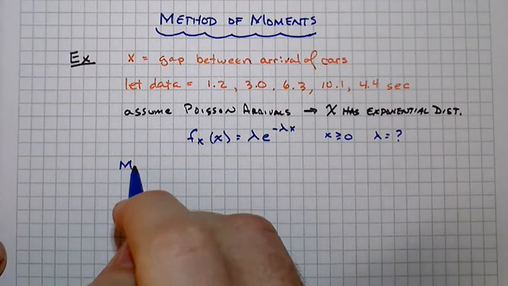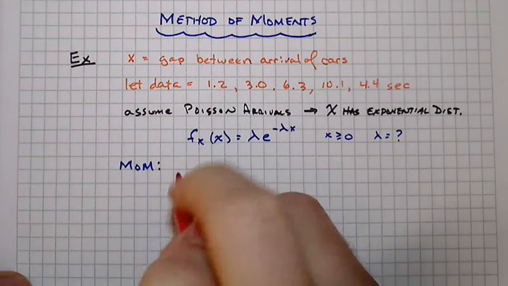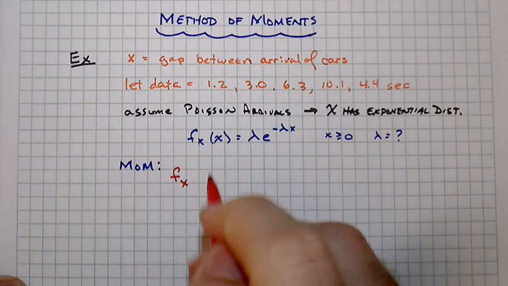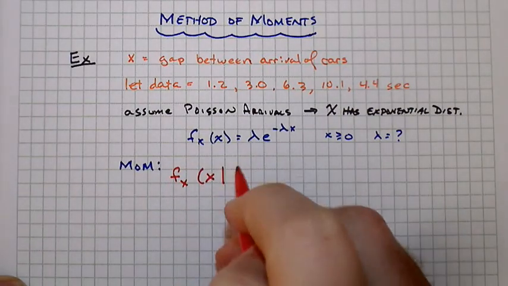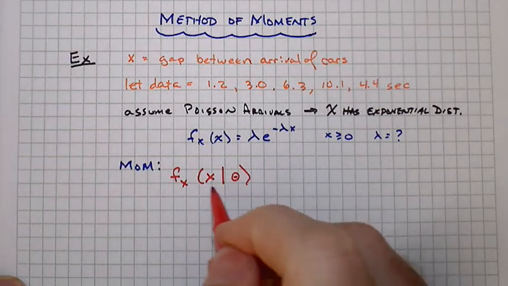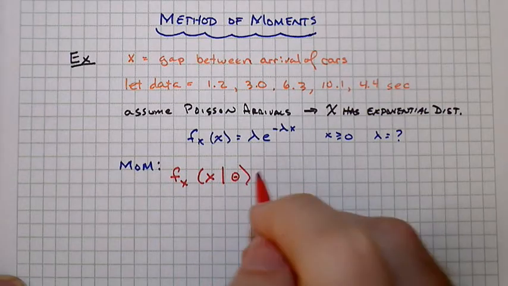Part of the notation that we're going to work with here is the idea that our probability distribution is now conditional upon knowing a parameter. Just in general notation, theta is that parameter.